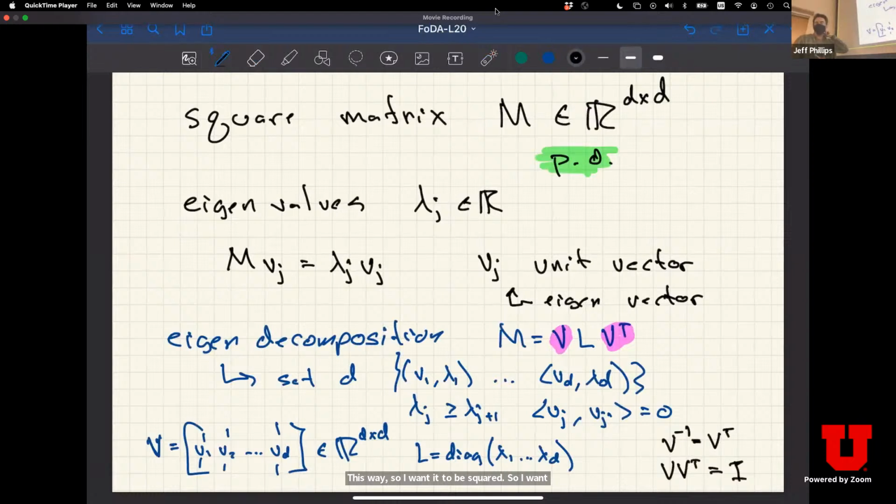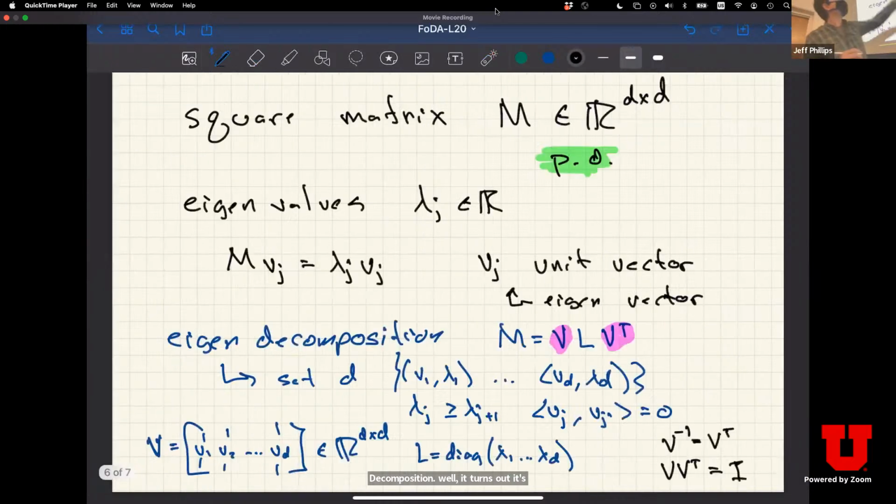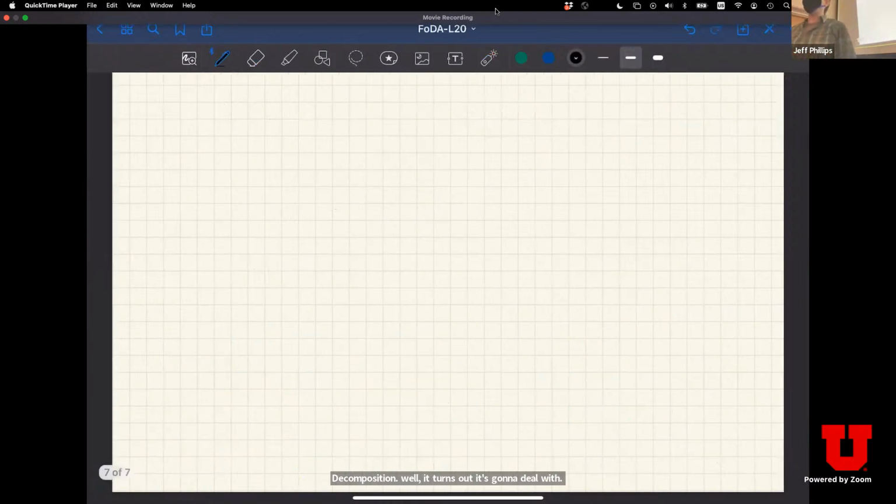Okay, so how does this relate to the singular value decomposition? Well, it turns out this is positive definite, and I want to find a way to always get a positive definite matrix.